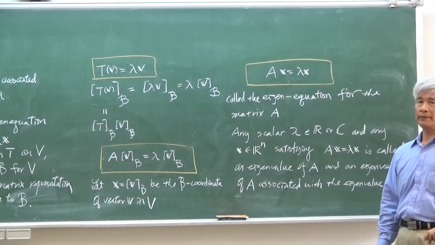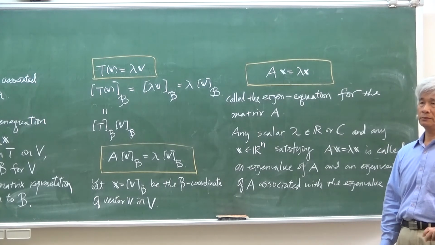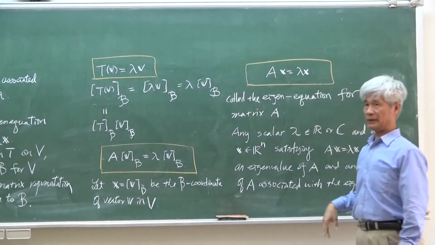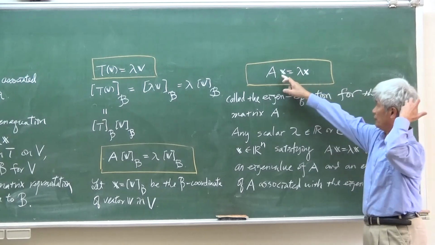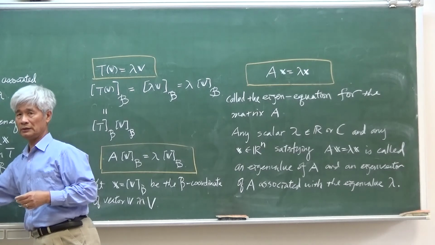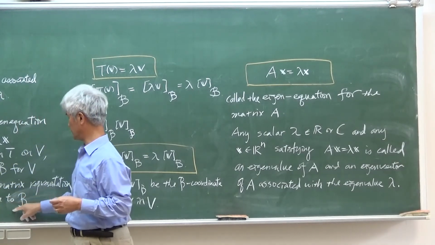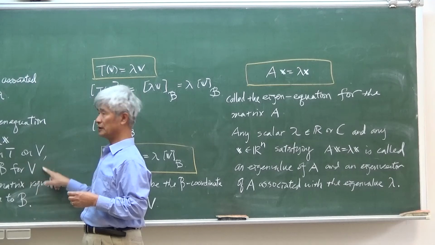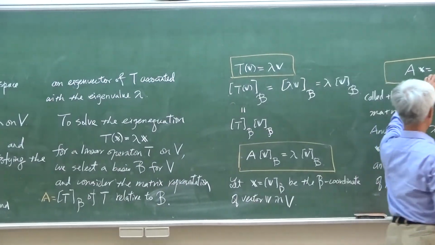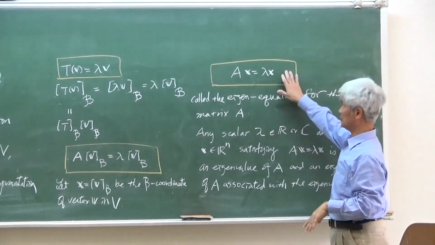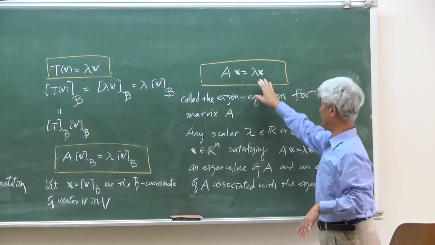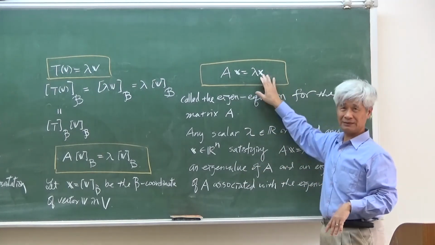So we turn the general problem into matrix problems. Once we find a matrix representation of a linear operator relative to a basis chosen for the vector space V, this matrix representation establishes its eigenequation. From this eigenequation, we have to solve for its eigenvalues and the associated eigenvectors.